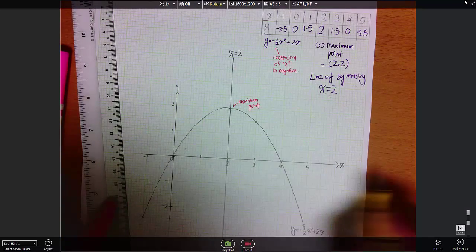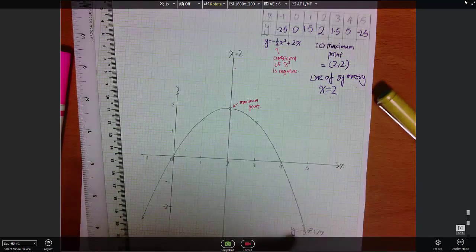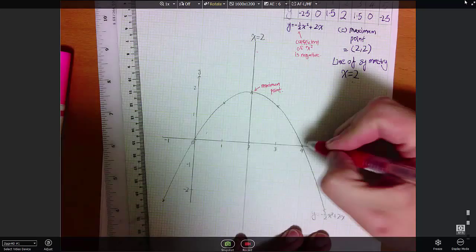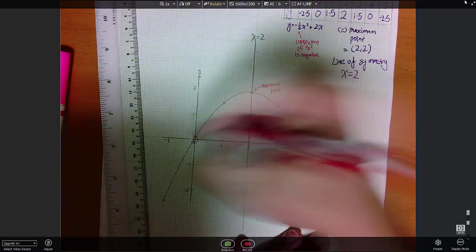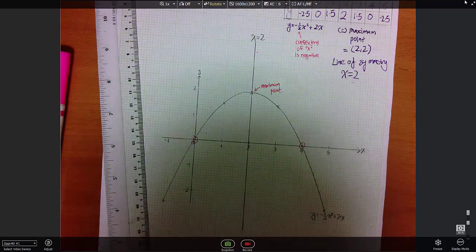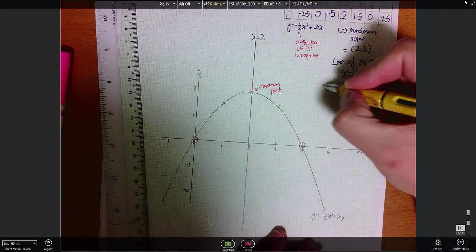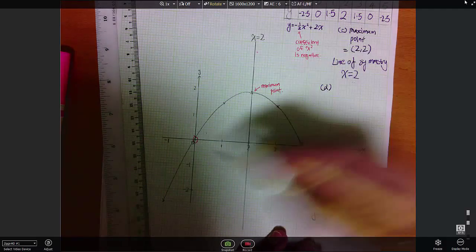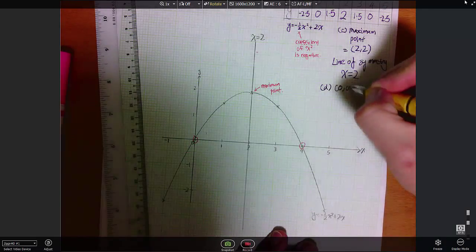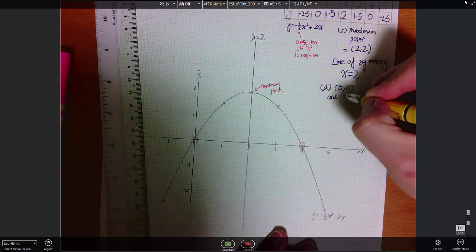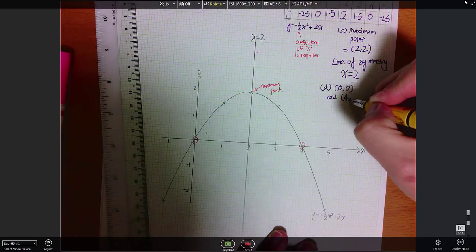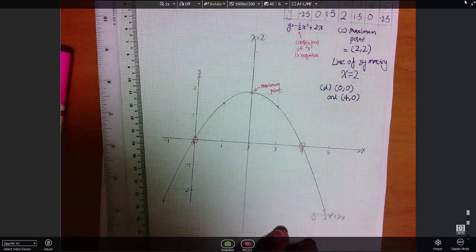This is my x-axis. The points of intersection are here and here. So the points of intersection are, just write down, here is 0, 0, and another one is 4, 0. X is 4, y is 0.